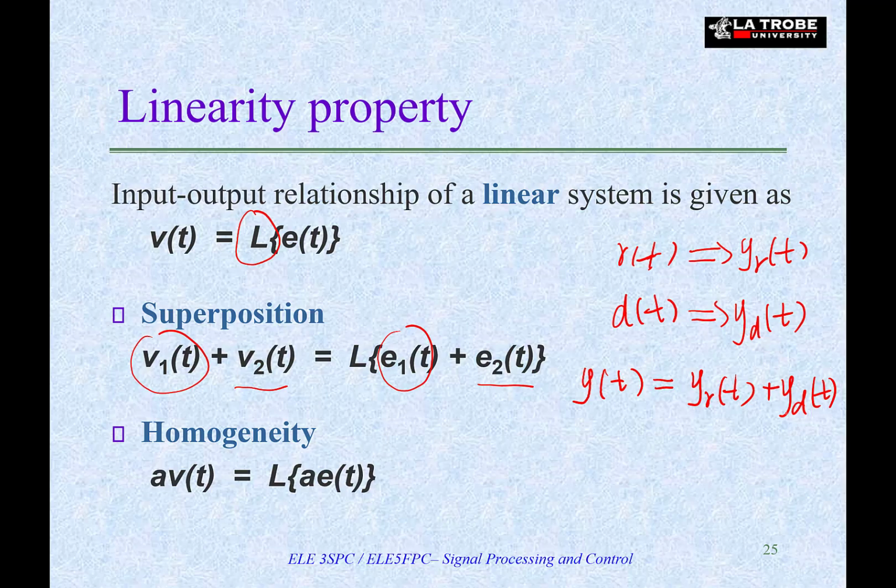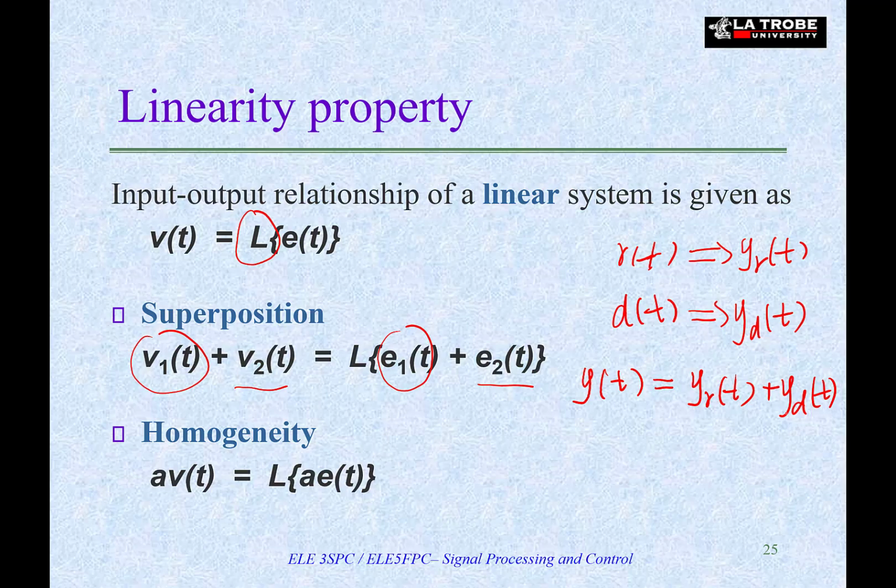And the same thing applies to YDT. So you treat the two input signals completely independently, as if the other one did not exist. You find the individual output generated by the corresponding input, and then the output of the system is simply a summation of the two outputs.